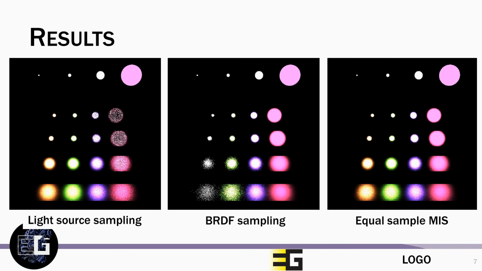On the other hand, BRDF sampling handles highly specular surfaces well, but is poor to simulate small light sources. Equal sample budget multiple importance sampling combines the advantages of both techniques. The question is whether or not we can do it even better with non-equal sample budget allocation.